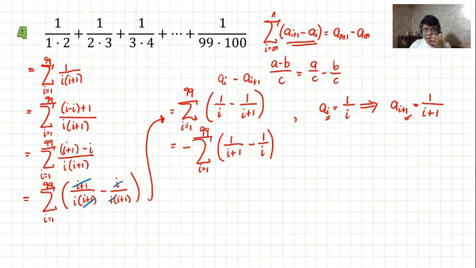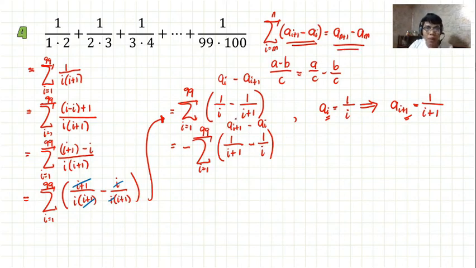So, from that, I have now an expression a sub I plus 1 minus a sub I, which is 1 over I plus 1 minus 1 over I. So from that, I can now use this formula for the telescoping sum.